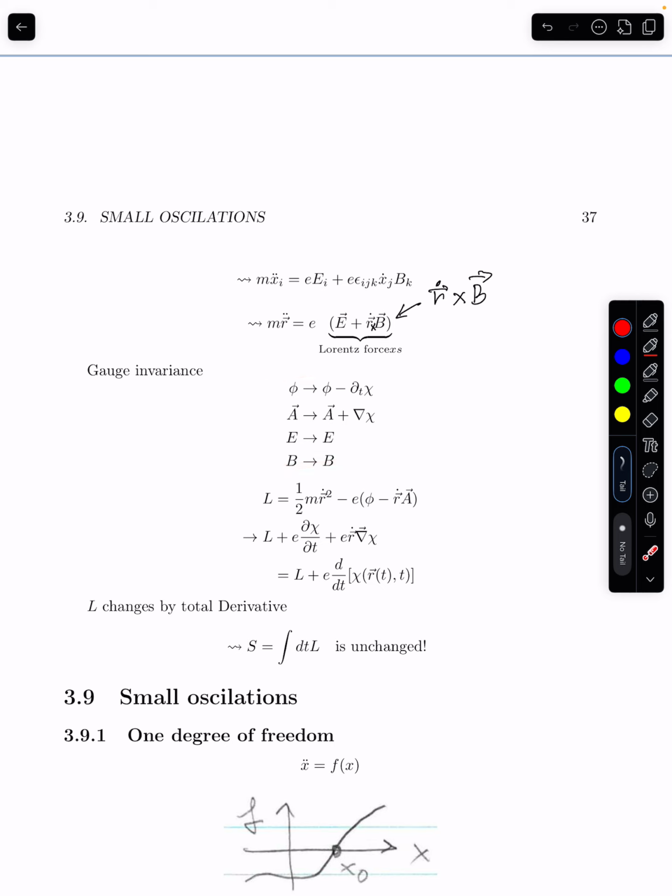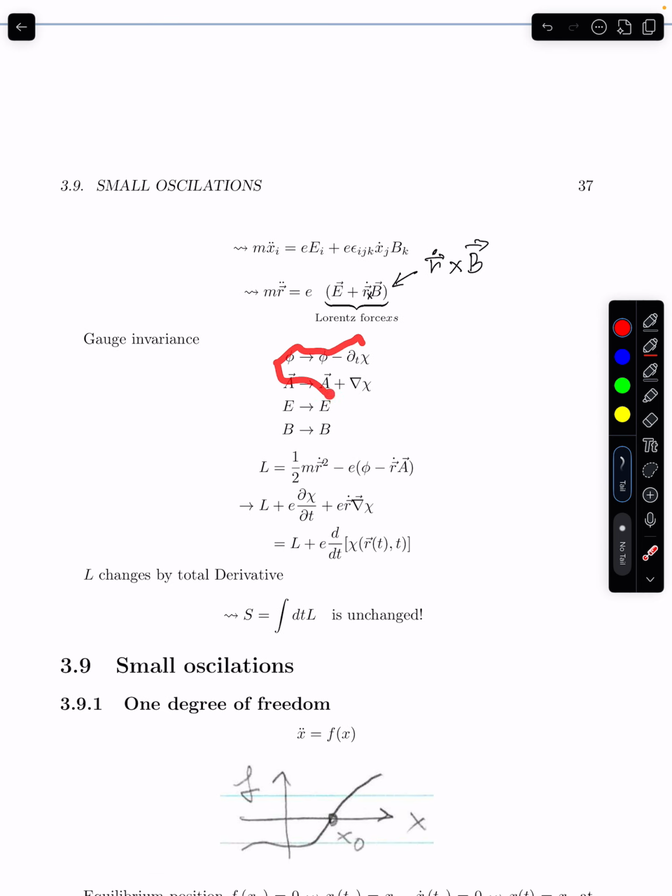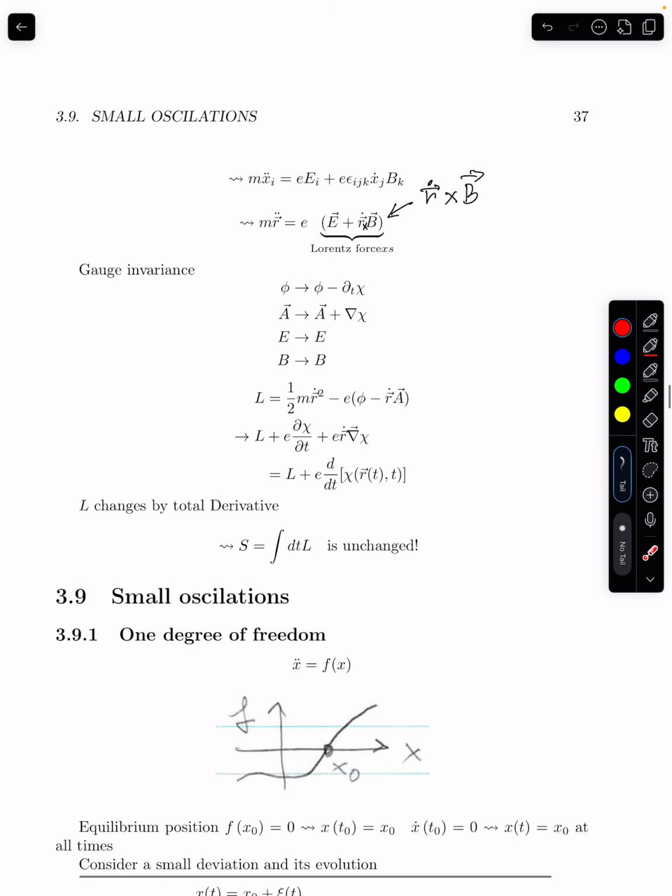This is kind of interesting because in our Lagrangian we have this φ and A. So it's strange that by doing this transformation, the Lagrangian shouldn't change, or at least the equation of motion shouldn't change, because the equations of motion depend only on E and B, which don't change. But let's see what we get.